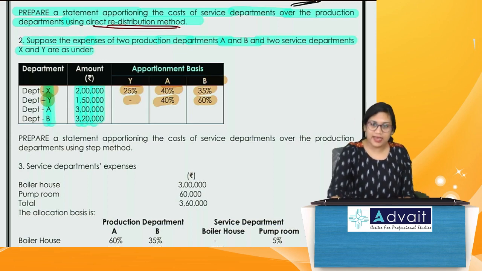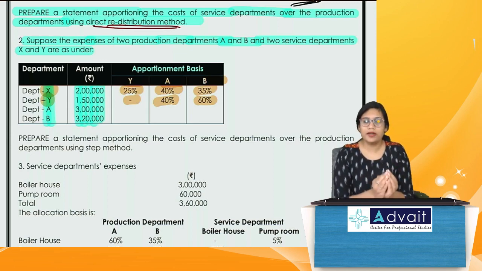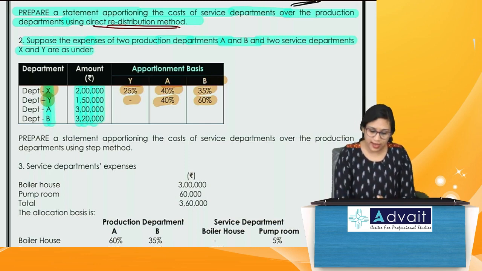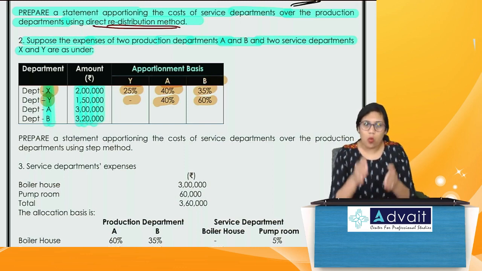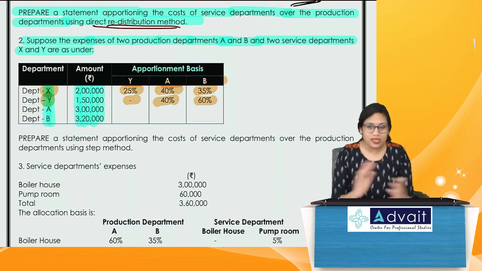In this case, guys, X department is serving Y because they have given you apportionment basis here. So whatever are the costs of X, that is 2 lakh rupees, have to be divided between Y, A and B. But Y is not serving X anywhere.